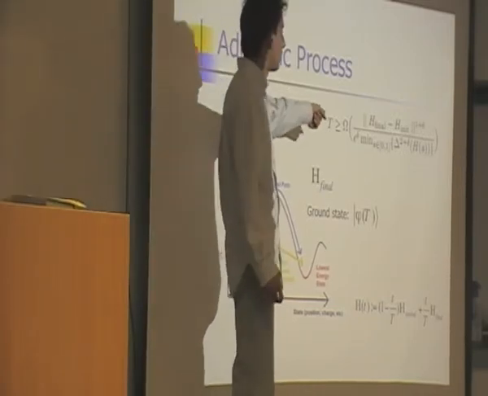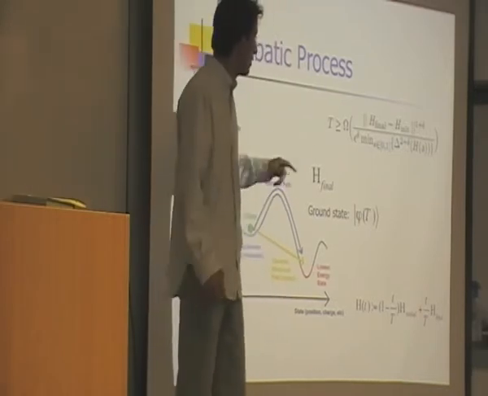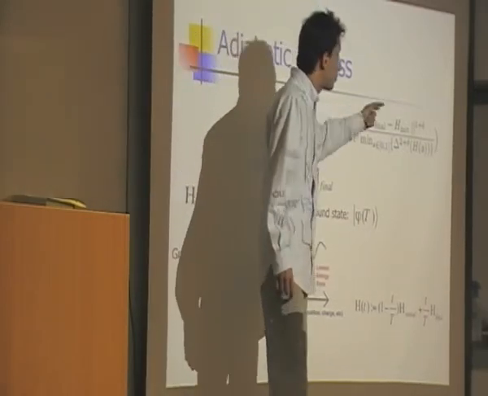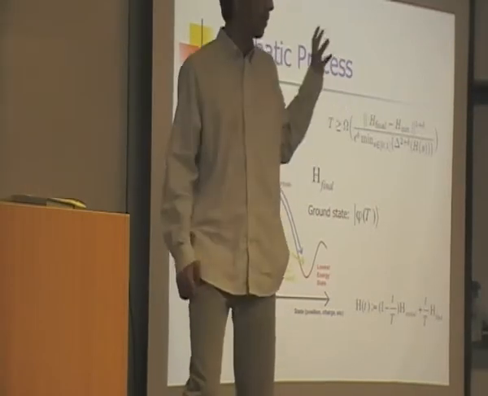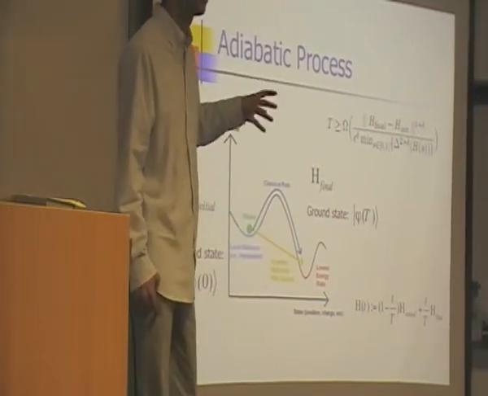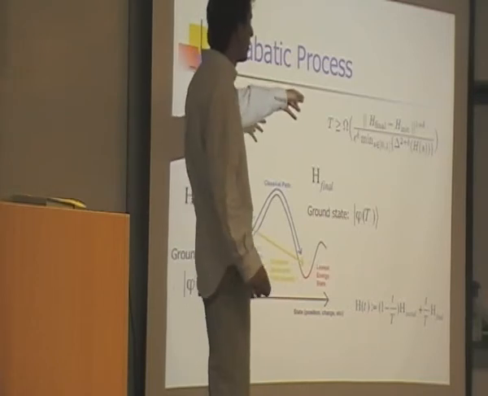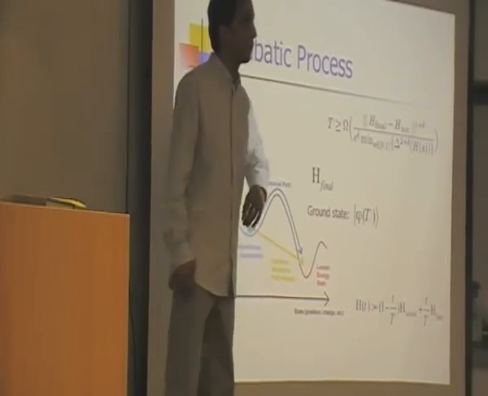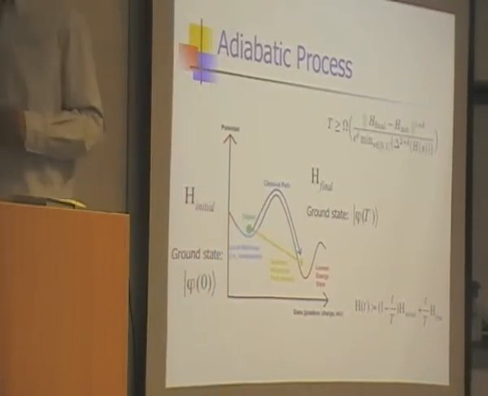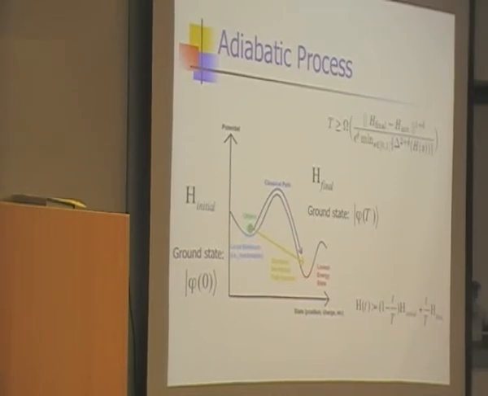So here is the lower bound for our algorithm. You have to check that the L2 norm of the difference between the final Hamiltonian and initial Hamiltonian over the square of the minimum eigenvalue gap, you have to wait more than this time.